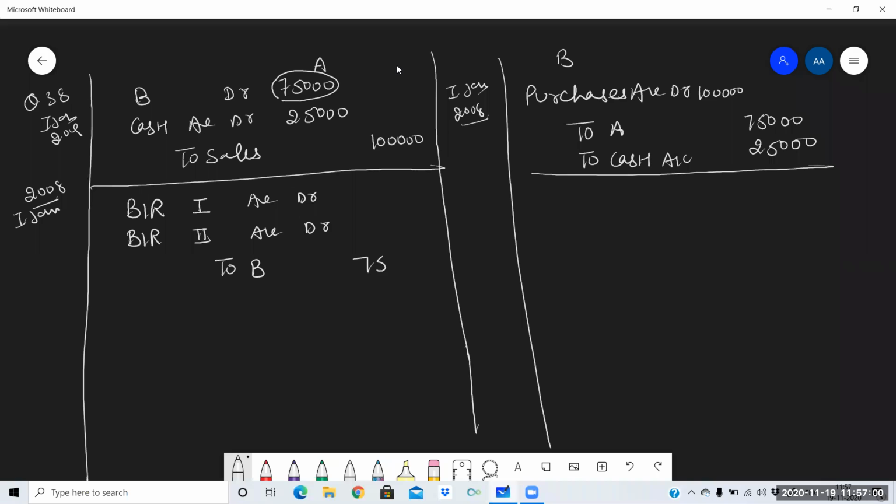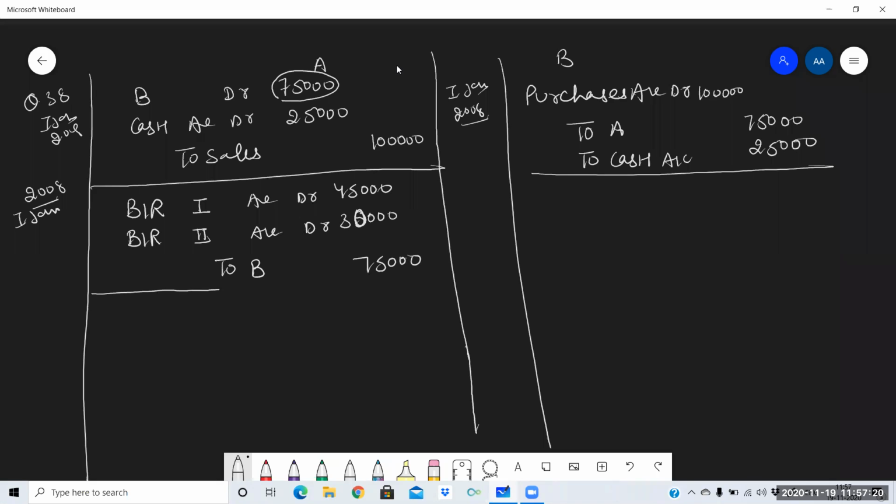With the same amount, he will be credited. Now B is no more our debtor. B has accepted the bills. So what is the amount of the bills? 45,000 is the amount of the first bill and 30,000 is the amount of the second bill.